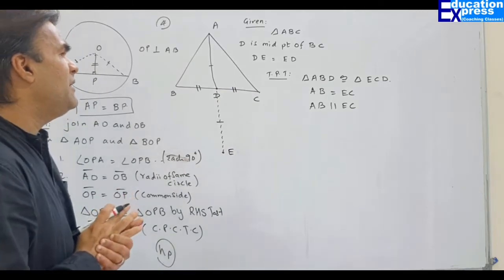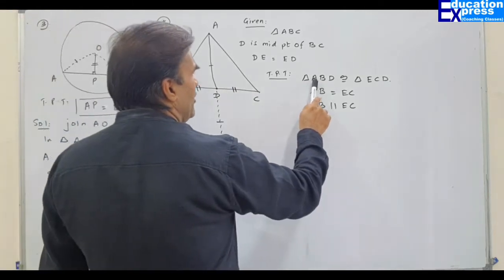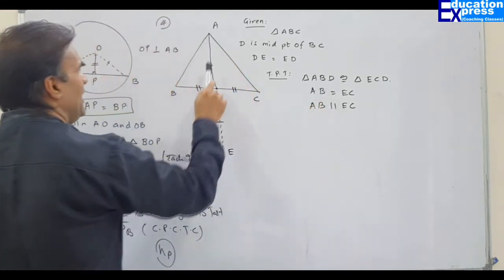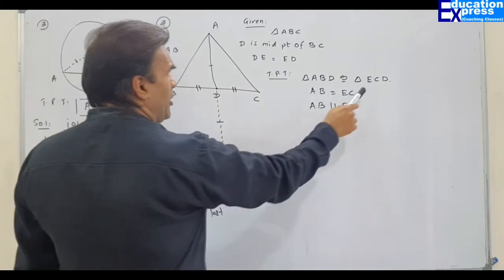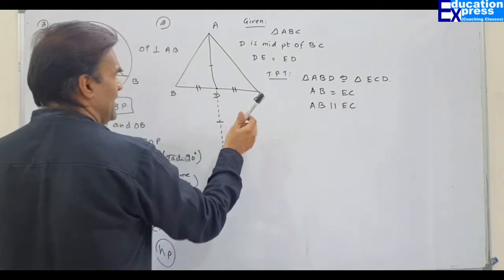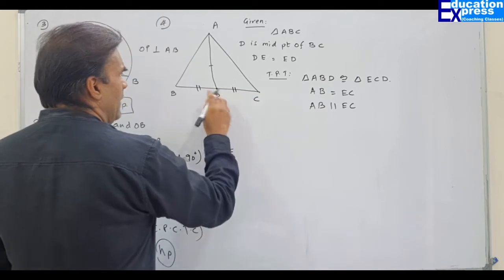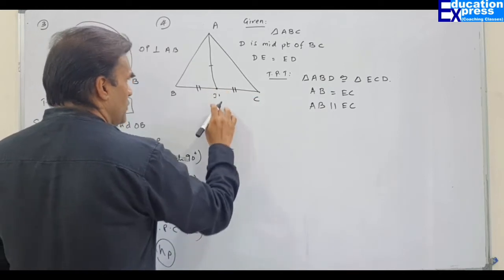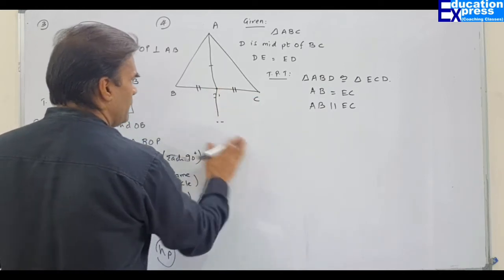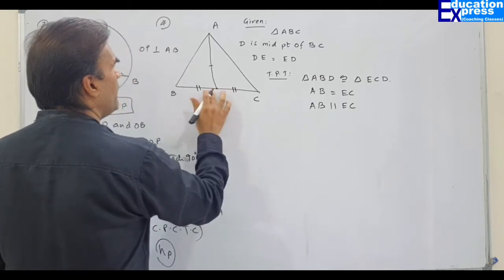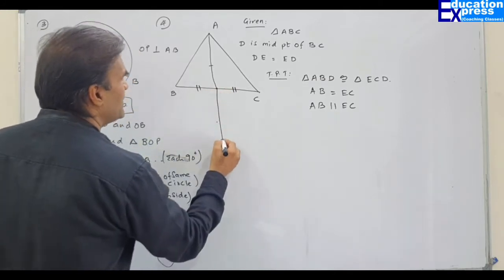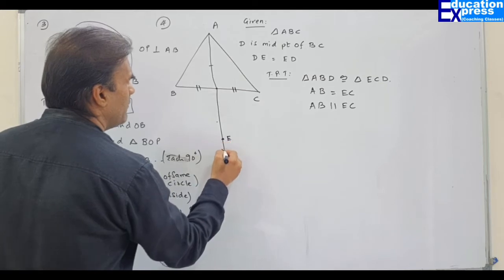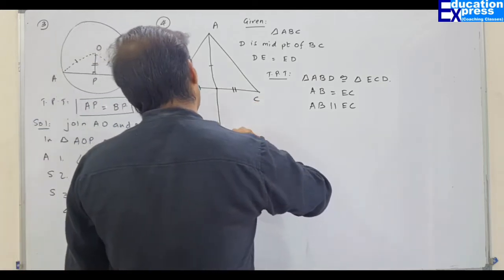Now what do they expect us to do? They want us to prove that triangle ABD is congruent to triangle ECD. So I am going to join EC.